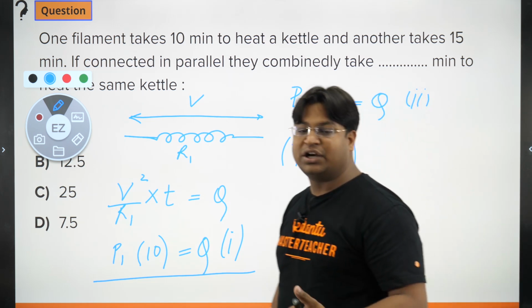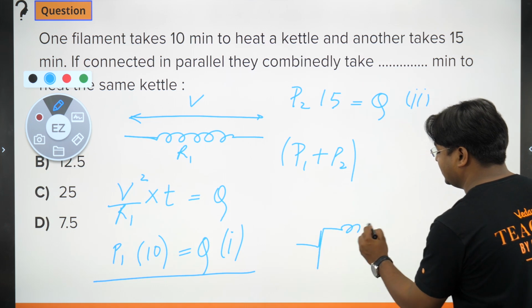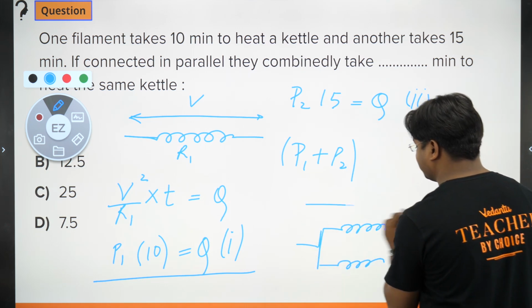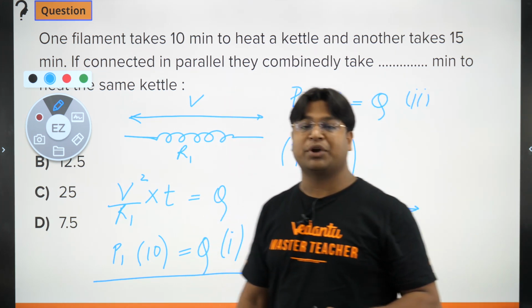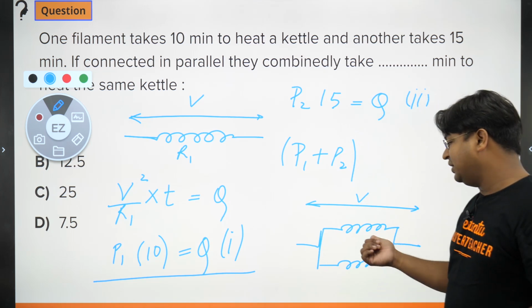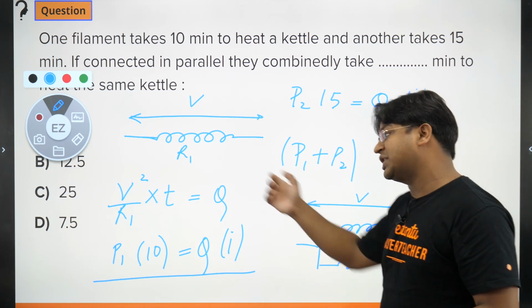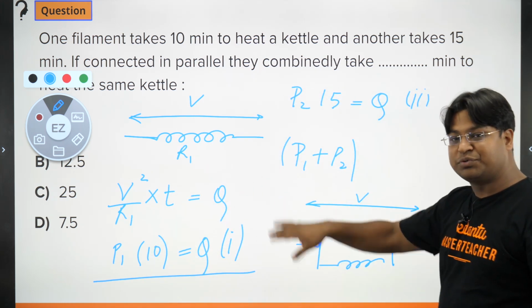Let me just draw a figure to emphasize what I am saying. When we are joining these two filaments parallelly, and then exposing them to the same potential difference, what is happening? Each filament gets the same potential difference as it was getting before, which means that it will produce the same power as it was producing before.